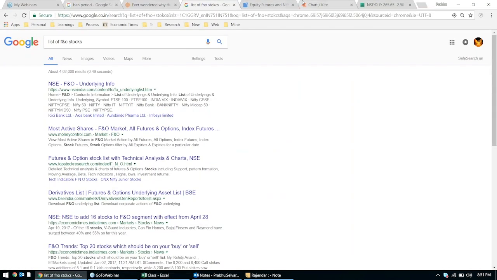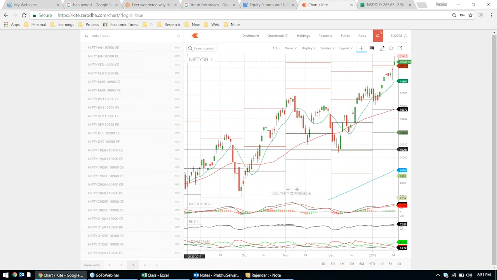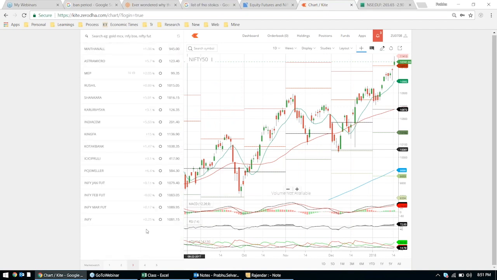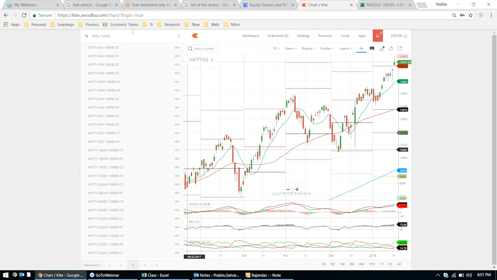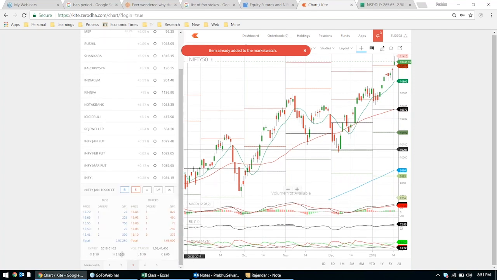One live example today, which I want to show. Nifty 10,900 call option, which was trading yesterday at 9 rupees, has become 21 rupees, as good as 250% profit in a day.